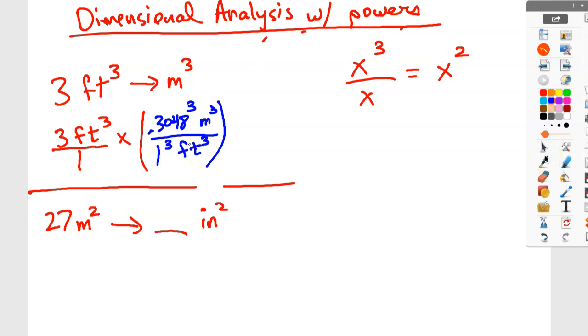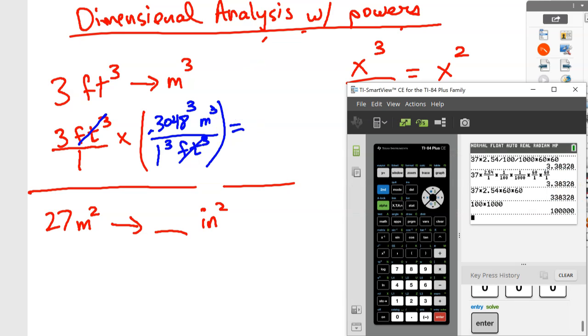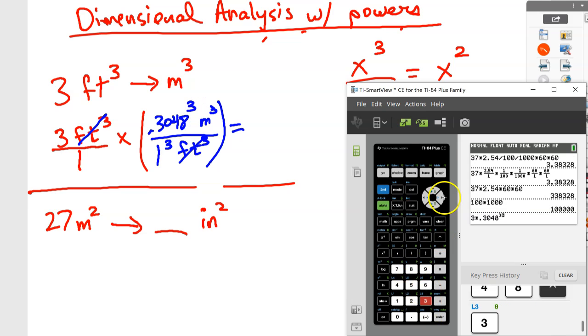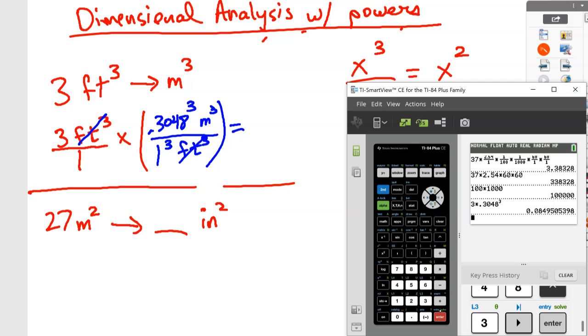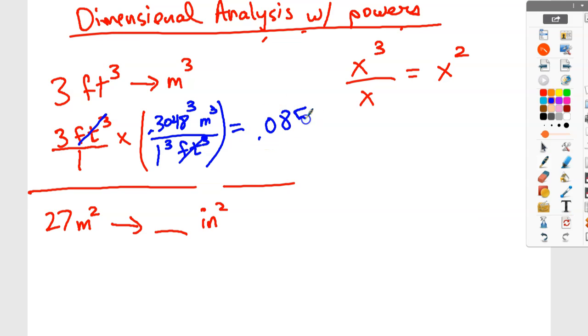Now, feet cubed and feet cubed will cancel, and I'll be left with meters cubed. And I just need to calculate the answer. So 3 times 0.3048, and don't forget to cube it. Hit enter, and it's 0.085 meters cubed.